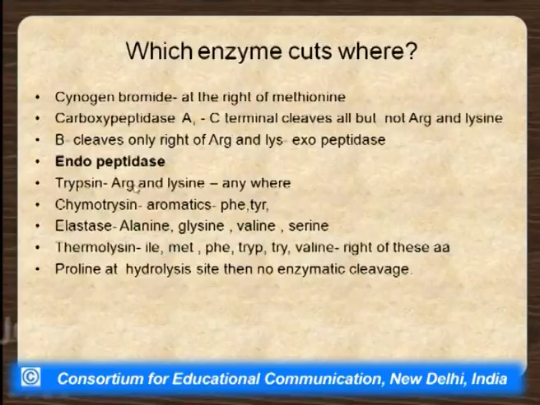Trypsin will cut at arginine and lysine anywhere they exist in the protein. Chymotrypsin will attack the aromatic amino acids. Elastase will cut at the smaller ones: alanine, glycine, valine, serine, etc. Thermolysin will cut around isoleucine, methionine, and proline. Wherever proline occurs, there is not going to be any enzymatic cleavage because of its cyclized structure.